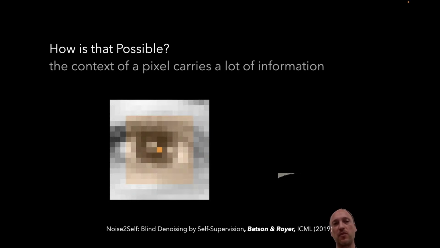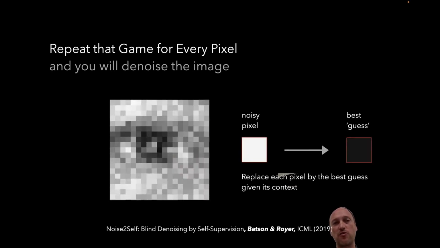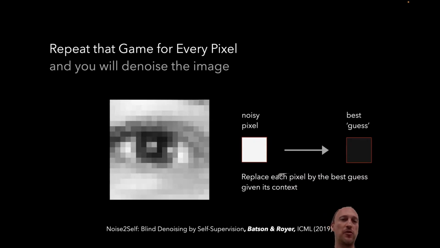And so if you play that game again and again on each pixel, and you replace each pixel by the best possible guess you can make about what that pixel value should be, and every time, of course, you're not aware of that pixel value, you just hide every pixel and try to guess as best as you can what that pixel value would be on the basis of its context, if you do that for every pixel, lo and behold, you actually denoise the image.